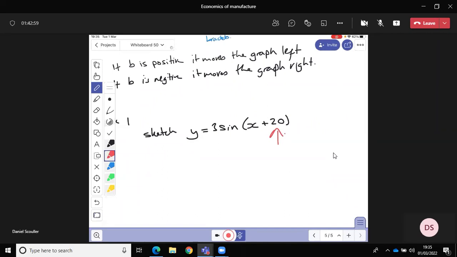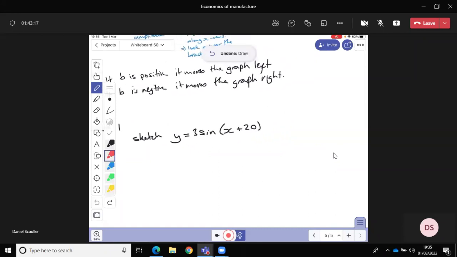It just wouldn't look right. So when it's got something like plus 20, plus 30, plus 45, you immediately think that's going to be on the x-axis, because on the x-axis we're working between 0 and 360.